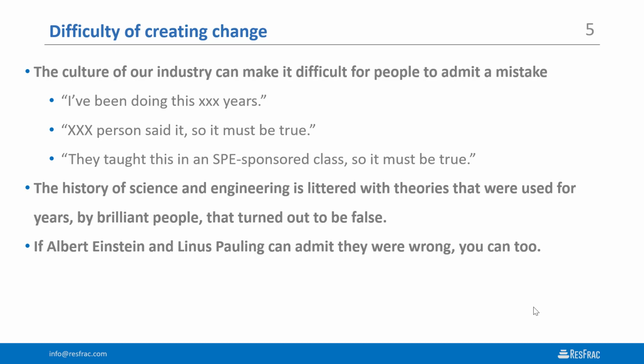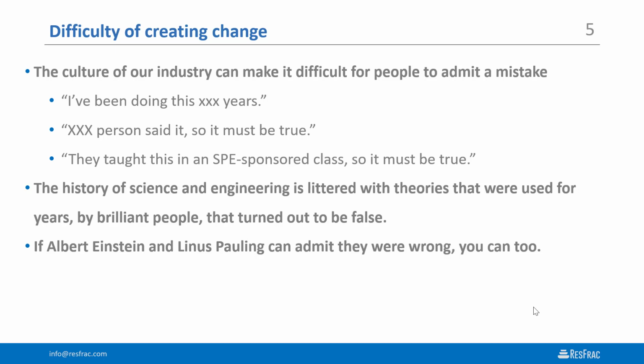It's difficult, but I really challenge you as a listener to take a step back and follow the data, the analysis, the logic, and the empirical data that I'll show, rather than just because somebody said so, it must be true. Just a reminder, many brilliant scientists and engineers over the centuries have made mistakes and have put out theories that turned out to be false.